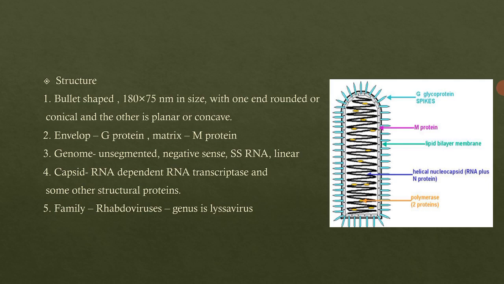Now first we'll come to the next protein, which is the M protein, called the matrix protein, which is present beneath the envelope. Then we have the genome. The genome is unsegmented, that is continuous, linear, single-stranded RNA, which is negative sense.